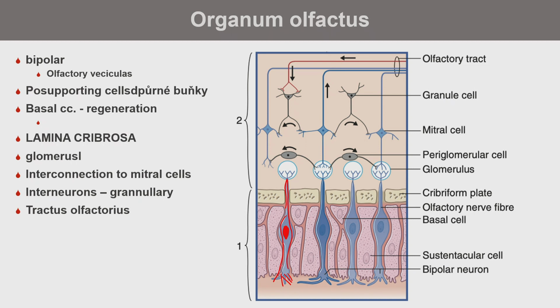And the information which is made by chemical reaction here, the chemical reaction creates some electric potential, which is transmitted by the bipolar neuron to the synapses, and the synapses, which are seen here, are localized in the so-called olfactory glomerulus.